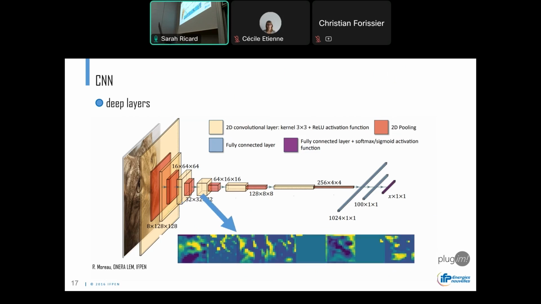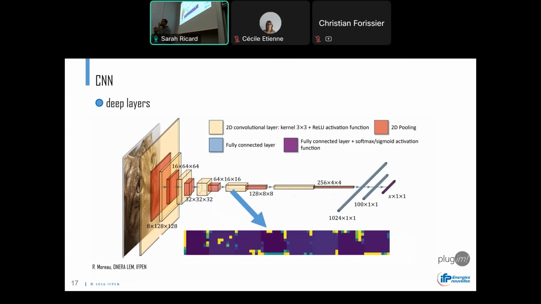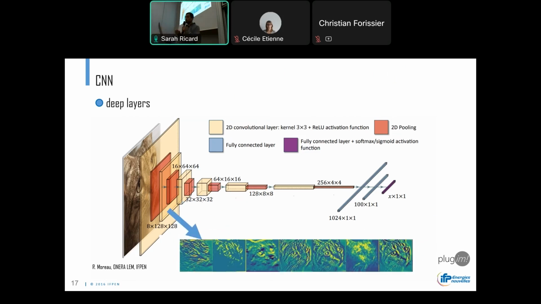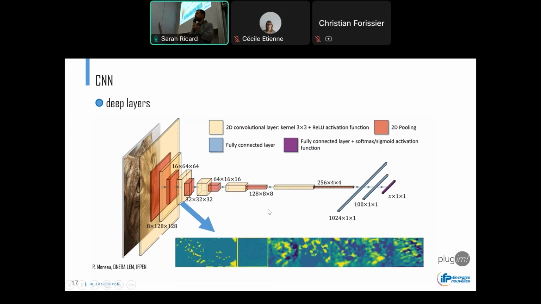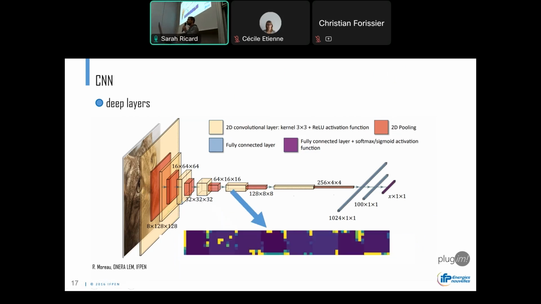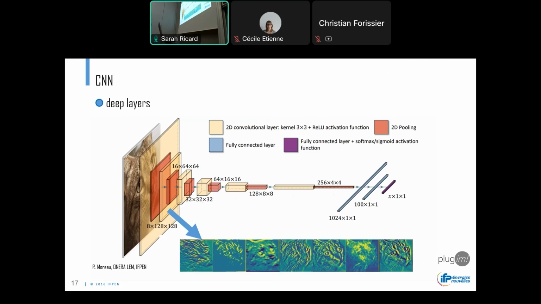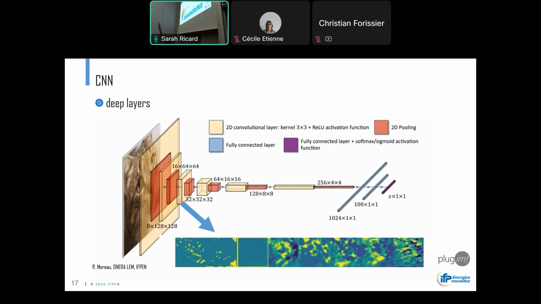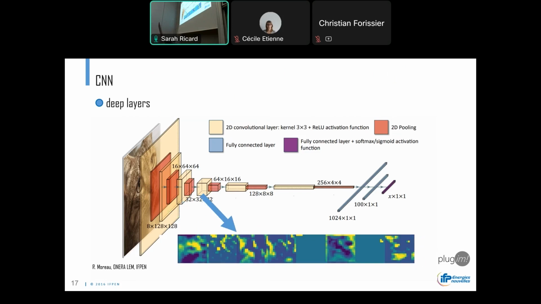Second thing that is important is the number of layers. Okay, that is what we call how deep your architecture is. Do you use 2 layers, 3 layers, 4 layers, 5 layers? And here it depends on the size of your object of interest in your image or in your data.